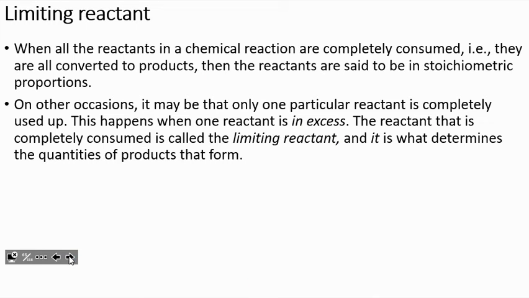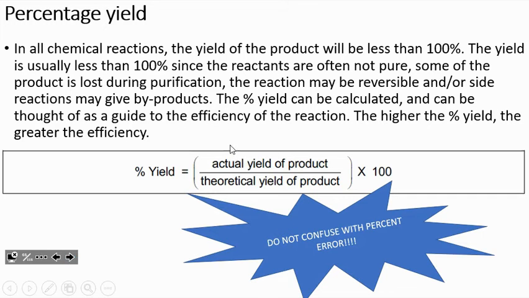So as you saw in the last problem, the limiting reactant is what we're going to run out of before we can finish all of our reactions or finish using all of the reactants up. So that's what limits us from producing any more products. Percent yield then is the actual yield of the product divided by how much we should theoretically get.